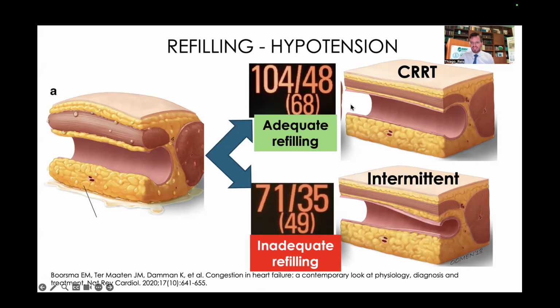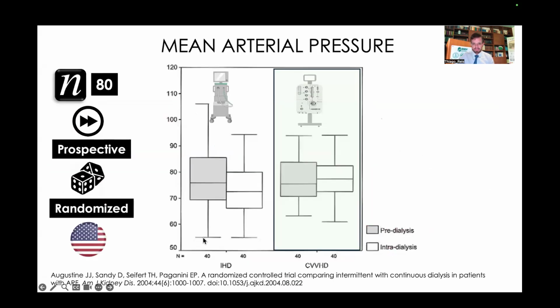Applying CRRT with a more paced fluid removal, there is enough time for fluid from the interstitial space to refill the intravascular space. Whereas applying intermittent modalities with a high ultrafiltration rate, the risk of collapsing of the vessels is higher and the risk of hypotension is higher.